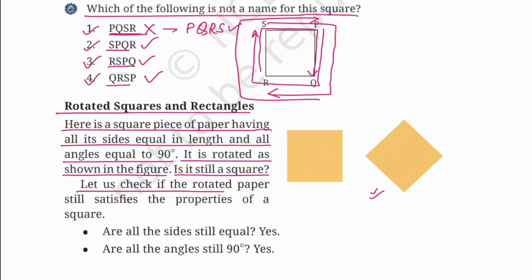Let us check if the rotated paper still satisfies the properties of a square. Are all the sides still equal? Yes. Are all the angles still 90 degrees? Yes.